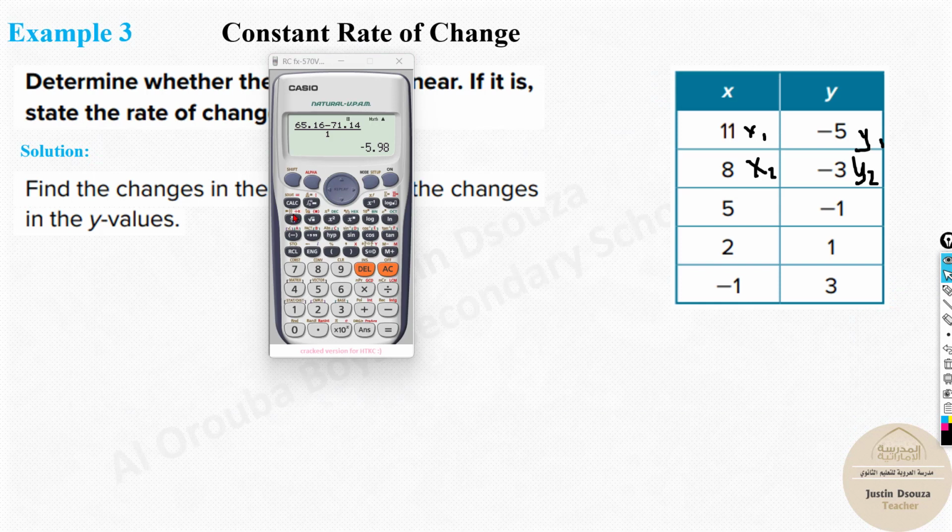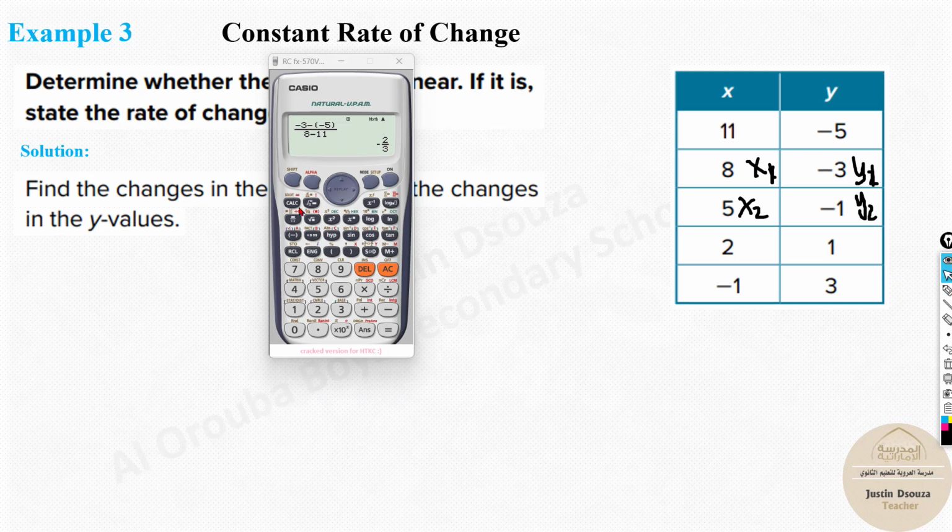You can see here y2 minus y1, minus 3 minus of negative 5, divided by 8 minus 11. What's the answer? It's a decrease of negative 3 by 2. Okay, now that's fine. Now will you try some other values? We have done this. Now we need to go down. This is x2, y2. You can start this one as x1, y1, x2, y2.